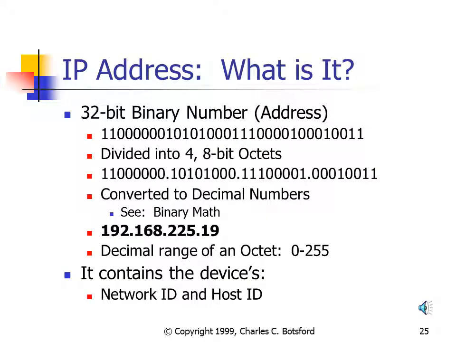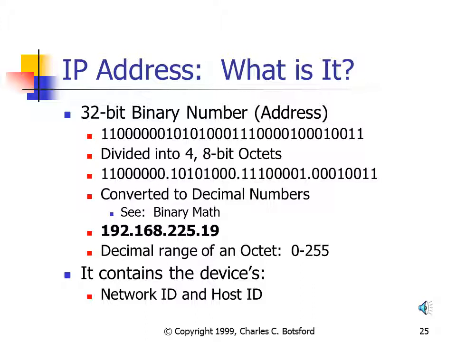An IP address is really just a 32-bit binary number, a big long string of zeros and ones. To make it more convenient for us, we divide the 32-bit number into 4 8-bit octets. Then we take those 4 8-bit octets and convert them to decimal numbers, like we did in binary math. So what I've done is I've taken the binary number listed on the slide here and converted it into the decimal number 192.168.113.19.